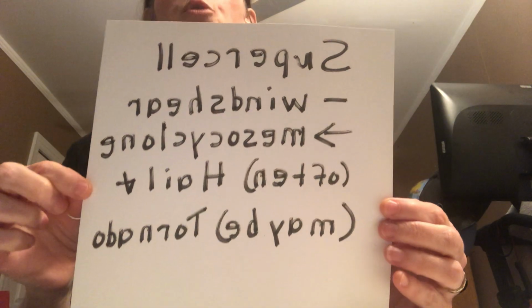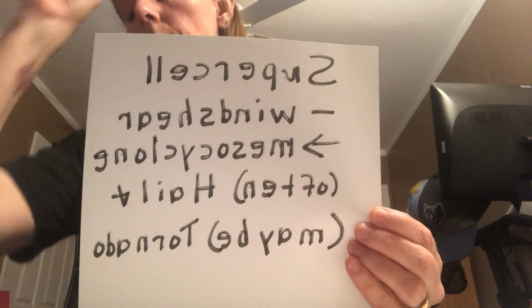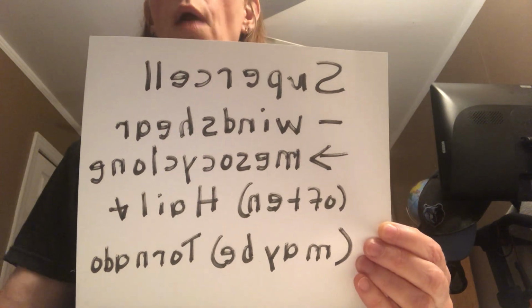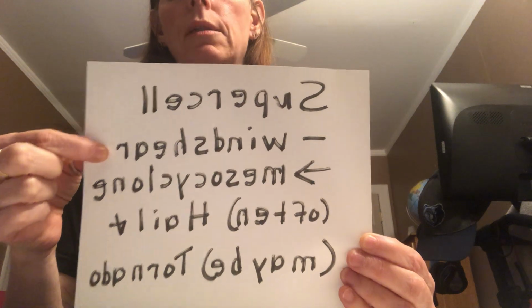Now, the next type of thunderstorm. Again, thunderstorms are thunderstorms, it's just the situations. But this is a special one. This is called a supercell. In order to be a supercell thunderstorm, you have to have what is called wind shear, which I will explain in just a minute.